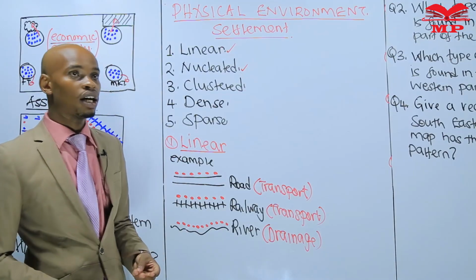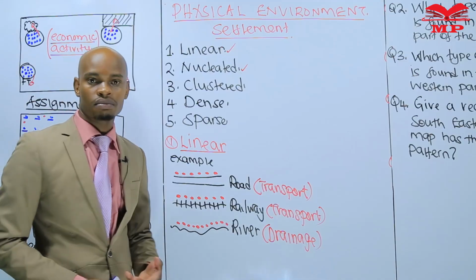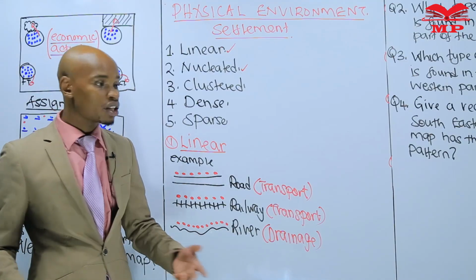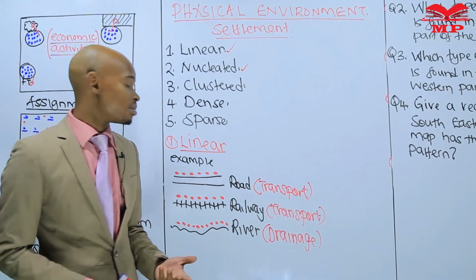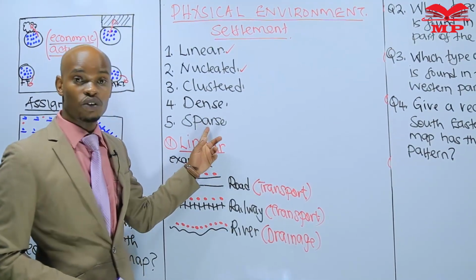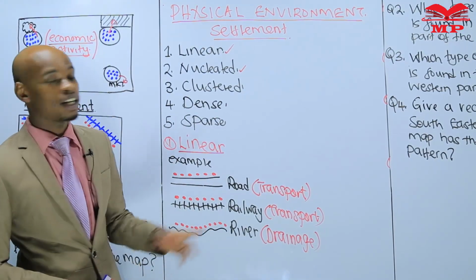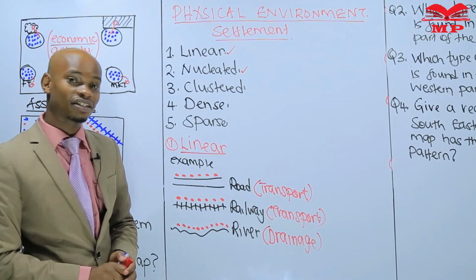Maybe those areas are near swamps where we have disease-causing organisms like mosquitoes. Maybe those areas have tsetse fly. Those are other disease-causing organisms, and people will avoid those places. And those places will have very, very few people, and we term that one as sparse population.